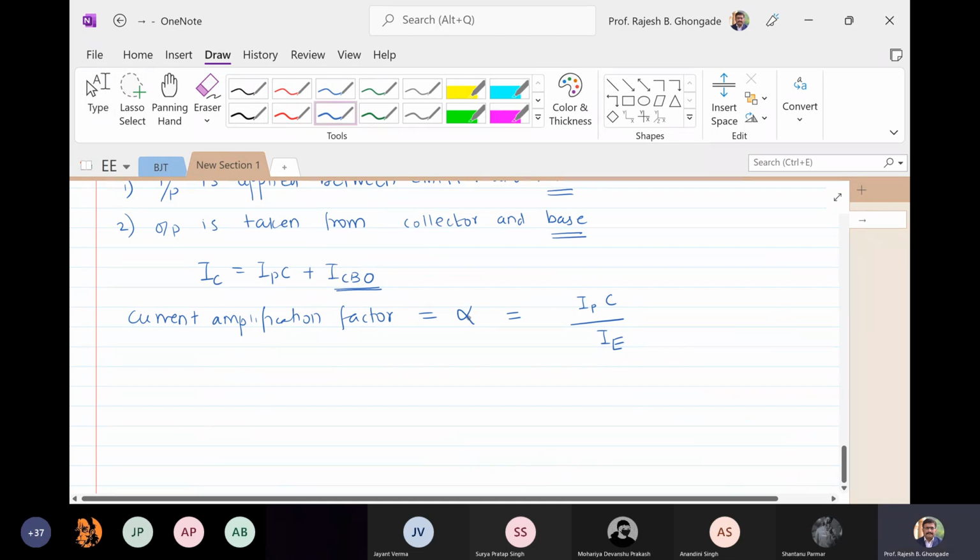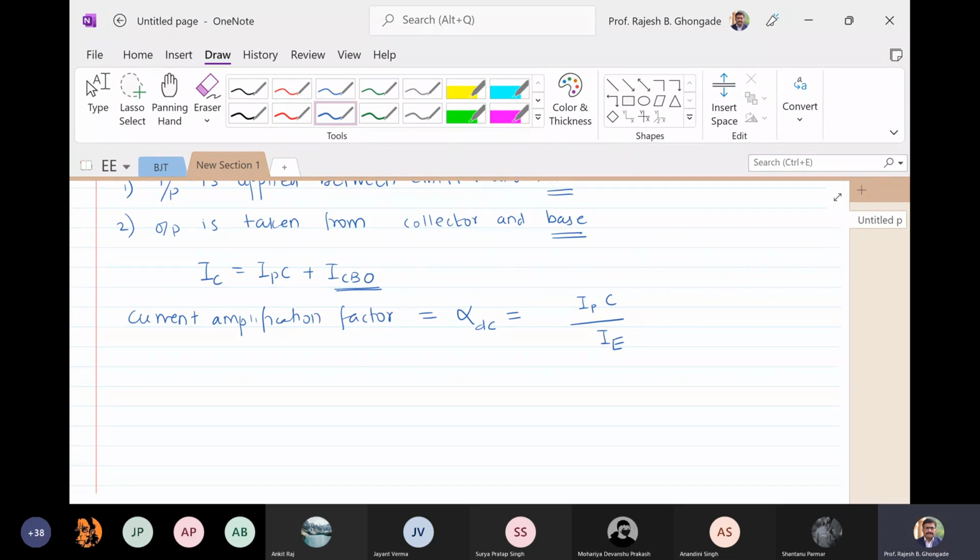Since we are looking at DC conditions only, I'm going to simply write alpha DC, because I'm not going to change the current with time for the time being. Later on we'll see what happens. So this is called alpha DC, the current amplification factor, defined as the ratio of collector current to emitter current.